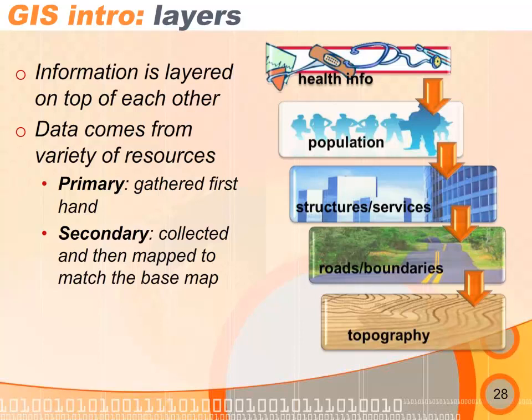Primary being those that were gathered firsthand, and secondary that were collected and then mapped to match the base map. This example shows topography with roads and boundaries on top of it, structures and services, population, and then health information about that population.